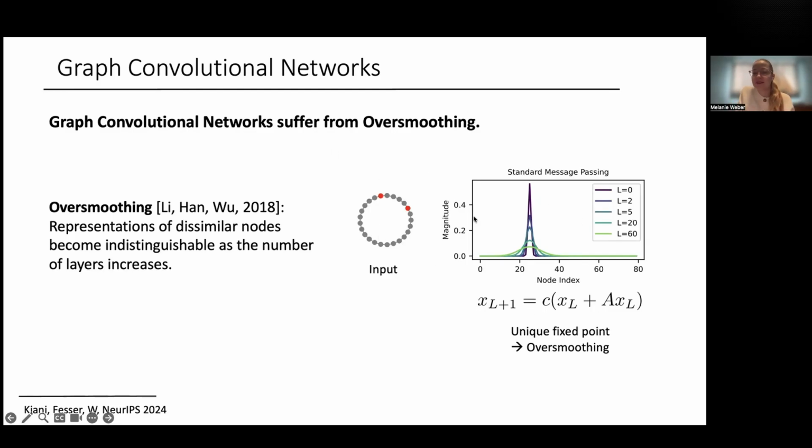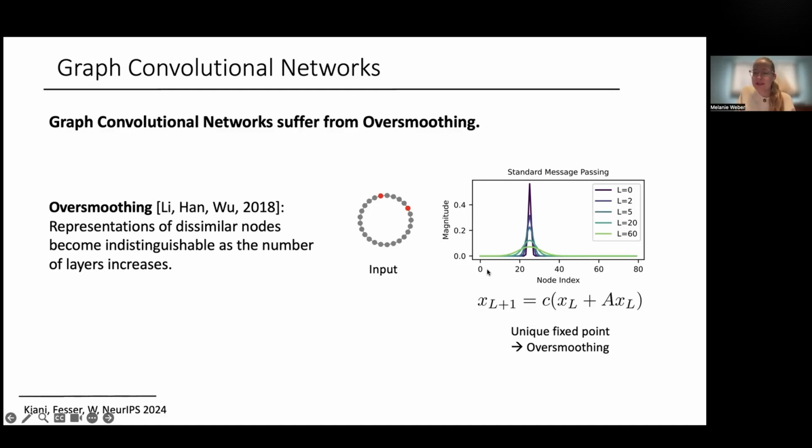So if we take a look at the learning dynamics here, this equation that you see here is a very simplified way of writing down the evolution of the node representation in layer L. And then the right-hand side is really stripped away of all the specific details. But roughly speaking, it looks something like the graph convolutions that we just saw.